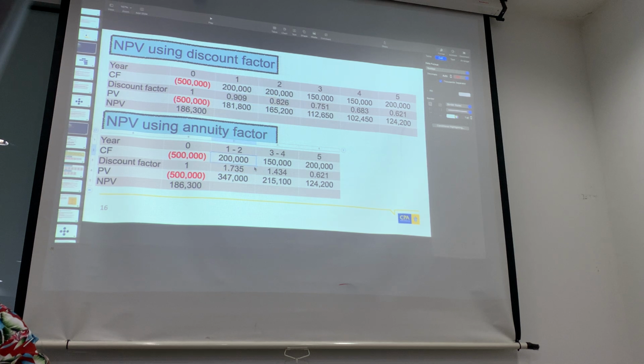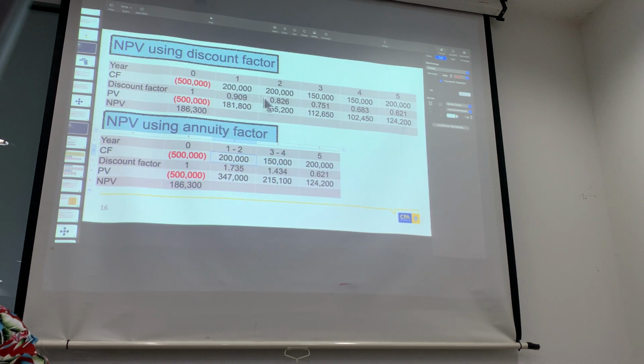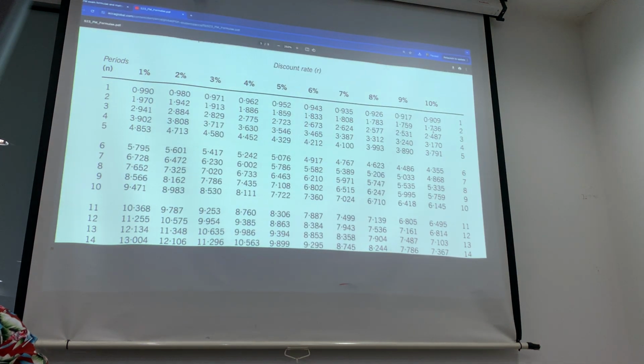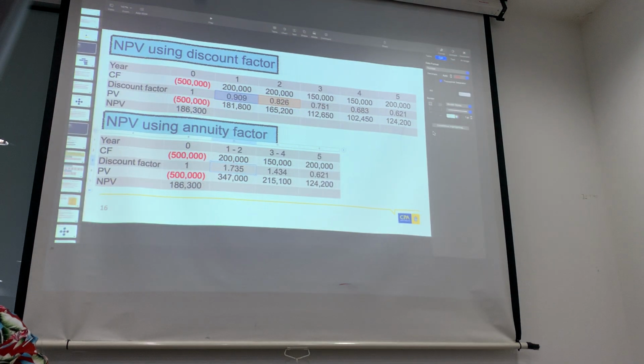But it can only be done when the number is the same. You're shortcutting, so I just multiply one time now. Remember, since I'm using the table, I'll use 1.736. I just put this in. So you can see actually the numbers should be the same, but because of the small rounding errors, there will be some differences coming up.